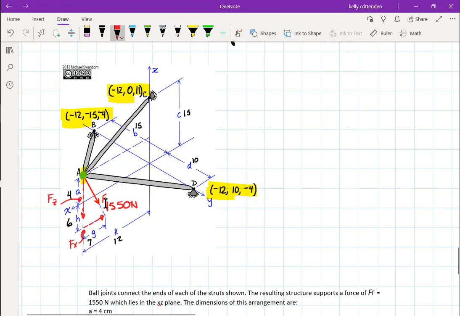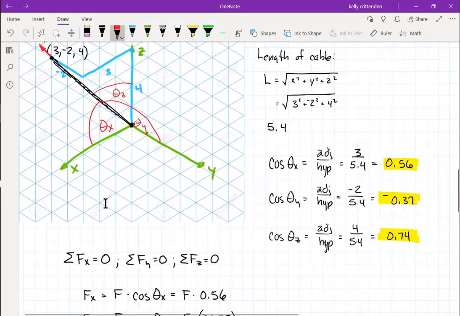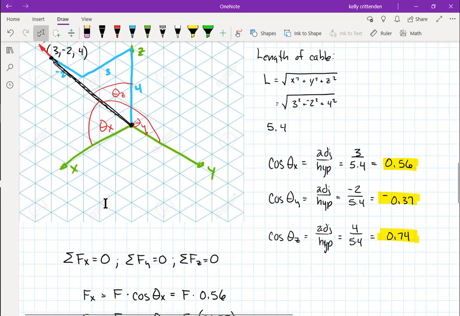All right, so what we need to do is basically create all of this information for all three cables and the force. So we need the length of each strut, so not cable, but we need the length of each one of them, which is just the square root of the summation of squares, and then figuring out all my cosines for every cable and for the force.